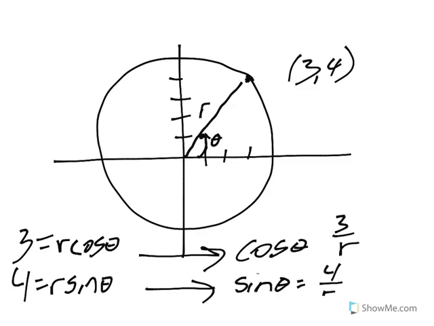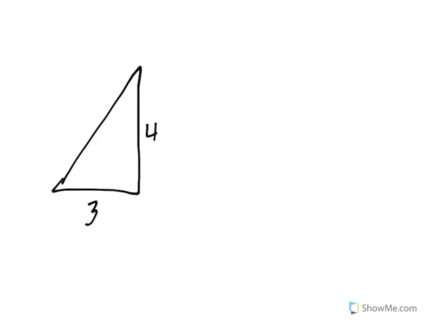So let me take a moment to figure out what r is, and the way I'm going to do that is to drop this down and say, okay, so this side is 3, this side is 4, this side is unknown. Let me just focus just on that triangle. This side is 3, this side is 4, this side is the hypotenuse of a right triangle, and the sums of the squares of the legs of a right triangle are equal to the square of the hypotenuse.